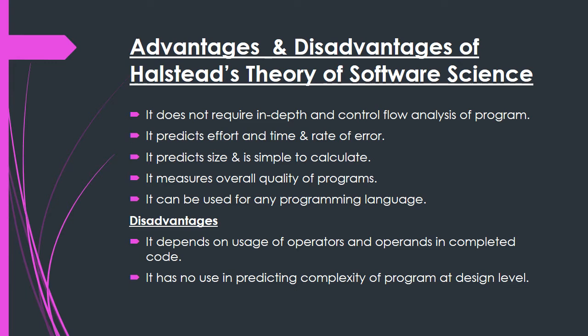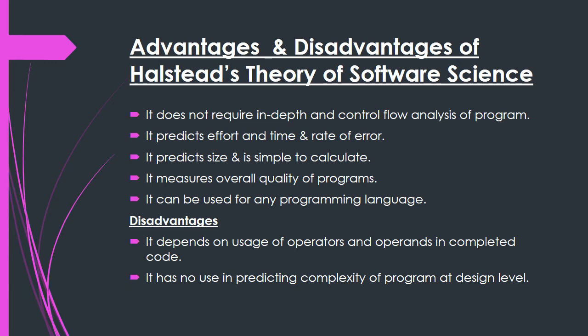Then we will talk about the disadvantages. First, it depends on the usage of operators and operands in completed code. That means we cannot use this Halstead theory in the initial phases of development, because at that time the operators and operands are not yet written. Second, it has no use in predicting the complexity of a program at the design level.